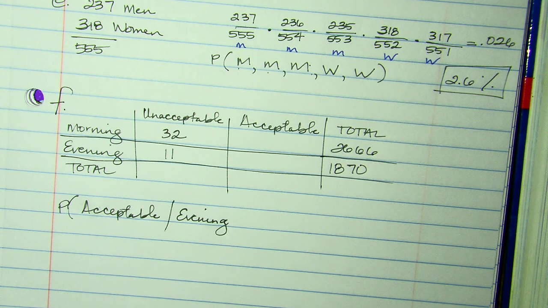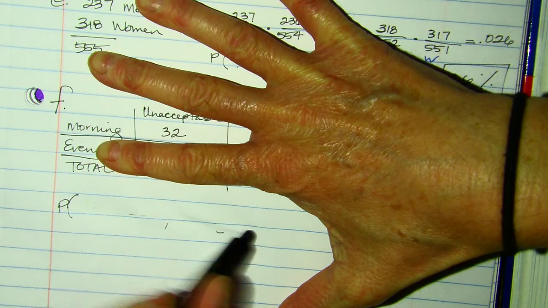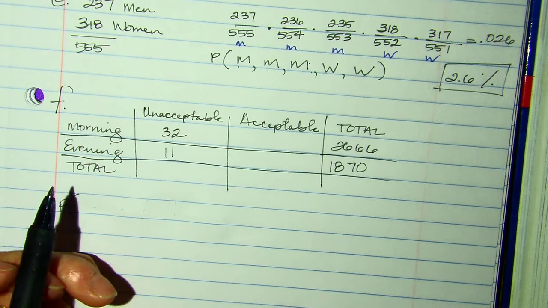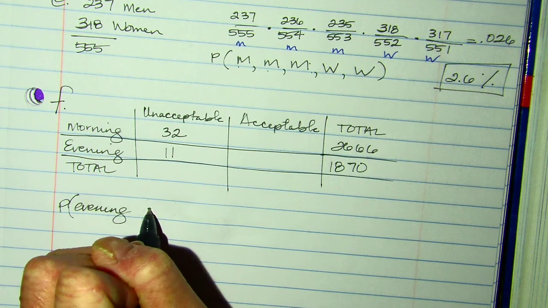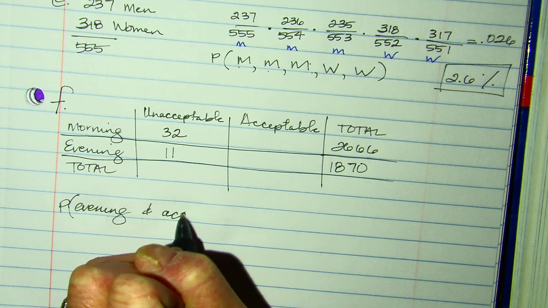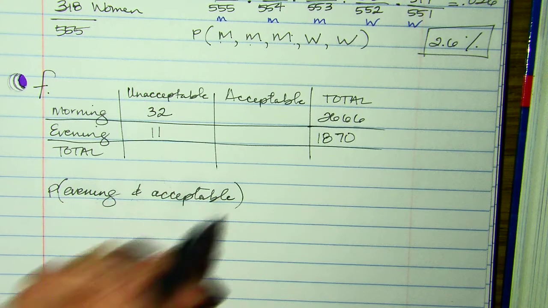Okay, so here we go for this one. I'm like staring at the problem. What's the probability that it was filled in the evening and that it was acceptable? Well, we're going to have to do quite a bit of math here, right? Because they only gave me some totals.